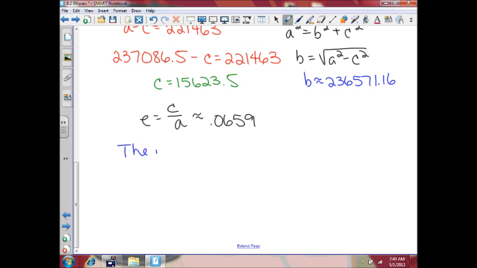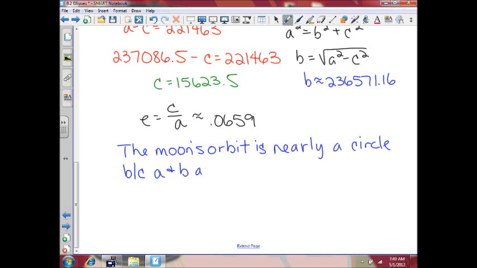So the moon's orbit is nearly a circle, because a and b are almost equal. But it's still an ellipse.